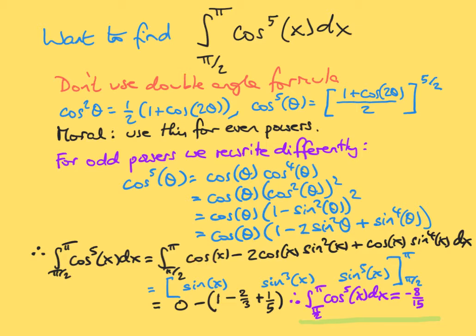That's a standard integral, and here we notice that this is the derivative of sine of x. And in the same way here, this is the derivative of sine of x. So we can hope to do these integrations by inspection.